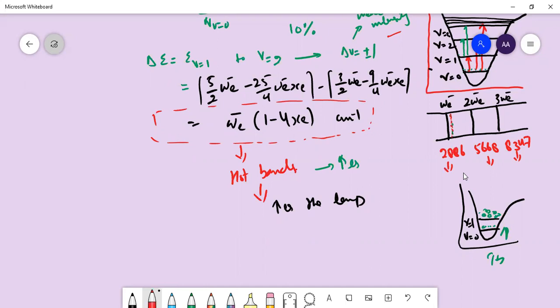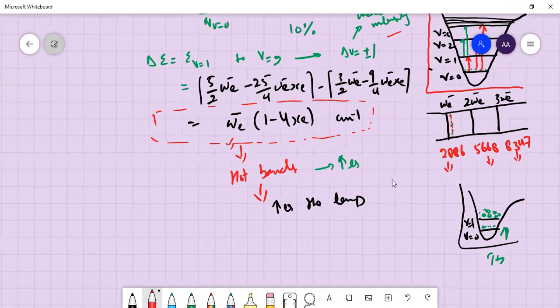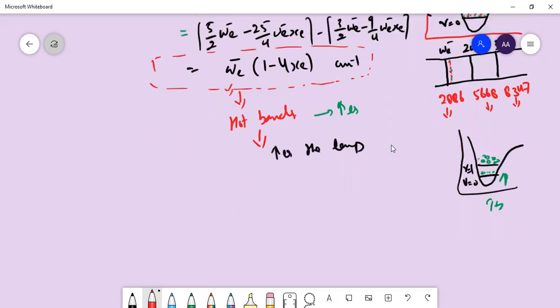However, in the case of a simple harmonic oscillator, we should get only one peak because the gap between the energy levels is the same, equal to omega oscillation frequency. From here you can calculate the oscillation frequency, that is omega E bar.